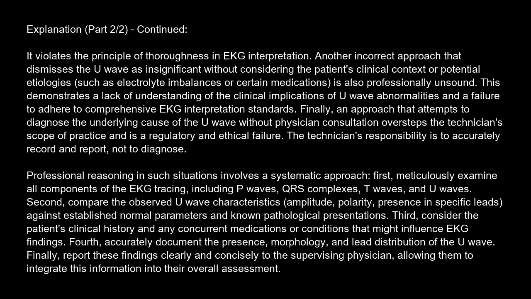Third, consider the patient's clinical history and any concurrent medications or conditions that might influence EKG findings. Fourth, accurately document the presence, morphology, and lead distribution of the U wave. Finally, report these findings clearly and concisely to the supervising physician, allowing them to integrate this information into their overall assessment.